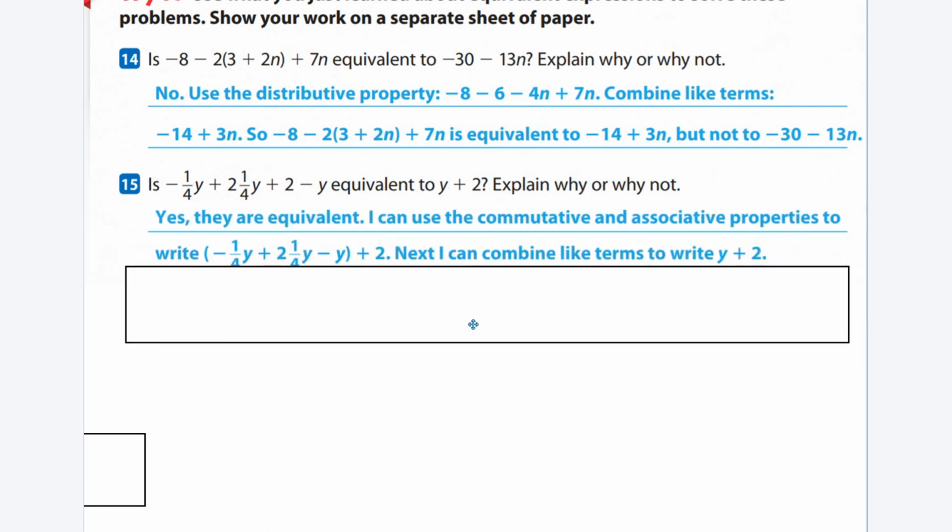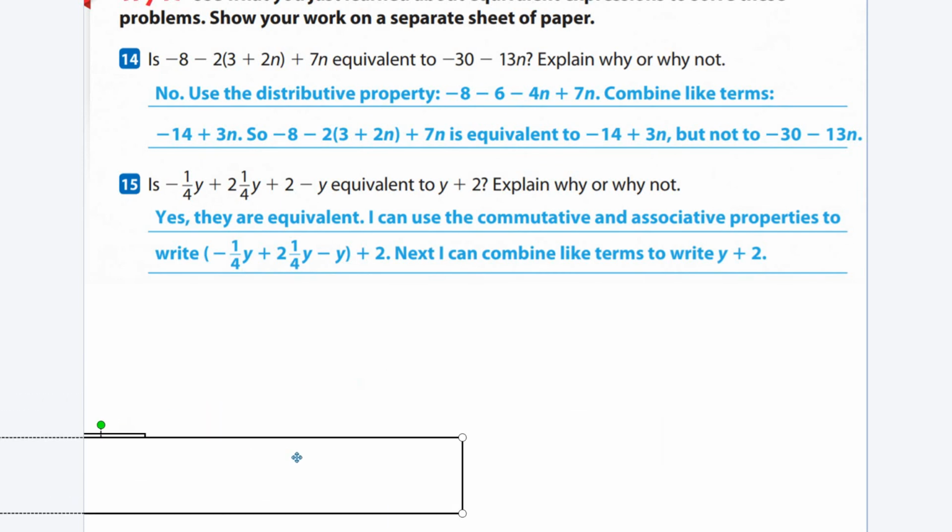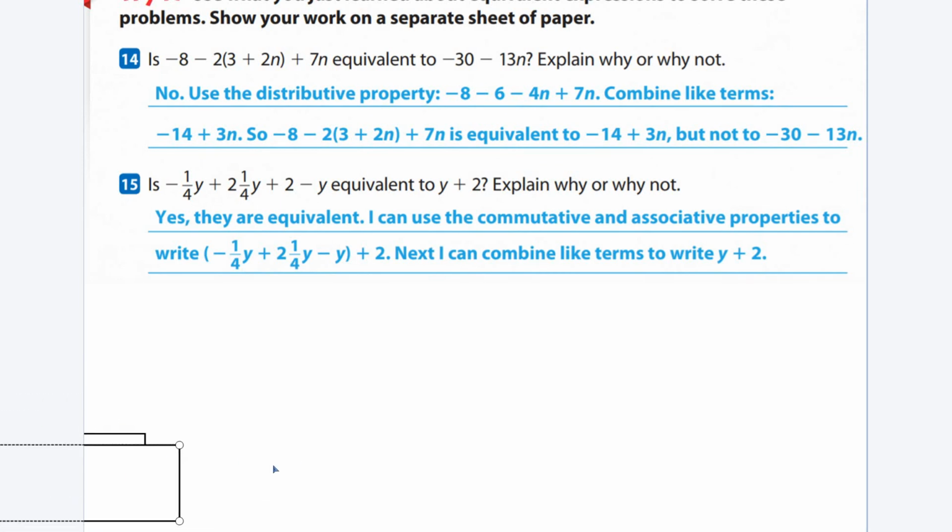So for question 15, the answer is yes, they are equivalent when you simplify them. I can use the commutative and associative properties to write negative 1/4 y plus 2 1/4 y minus y, and then plus 2. Next, I can combine like terms to write y plus 2.